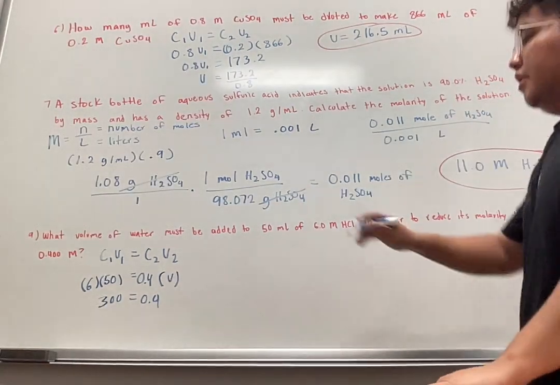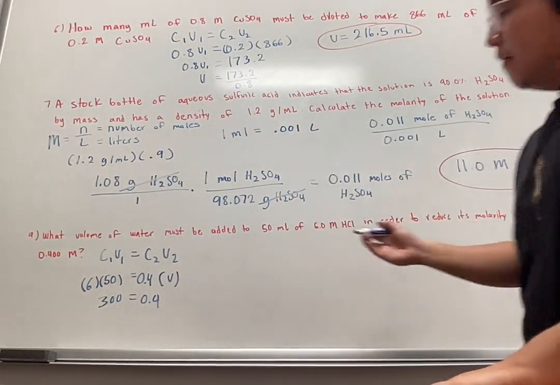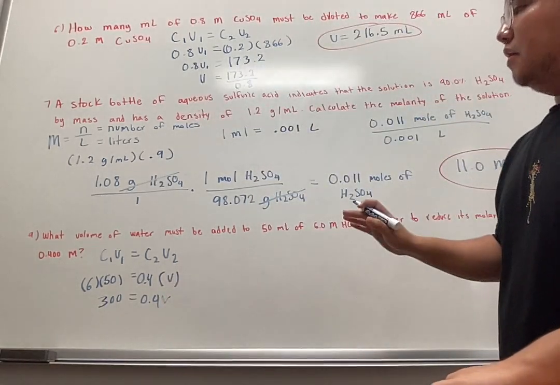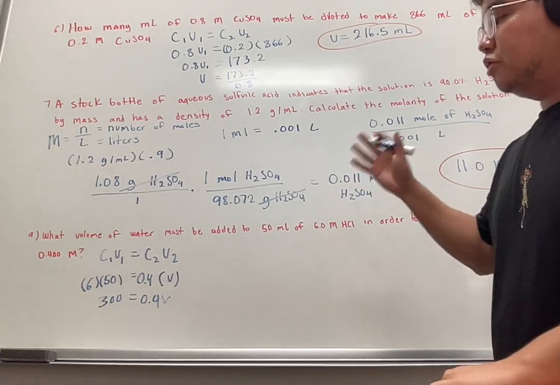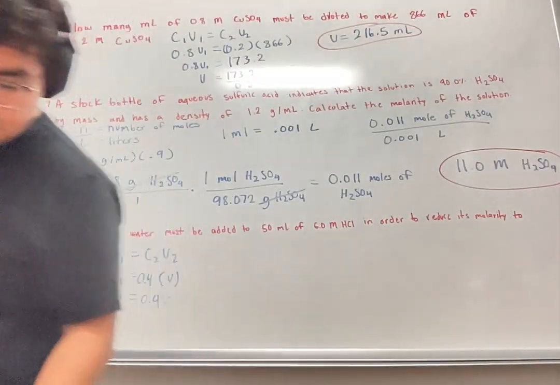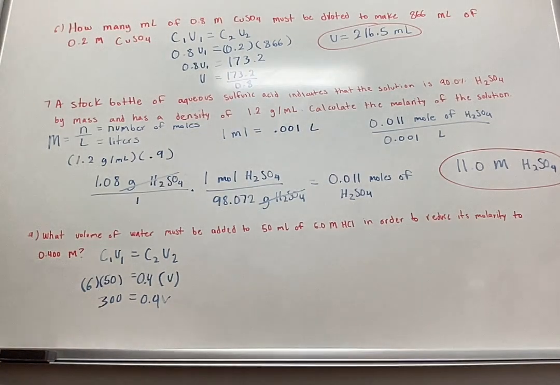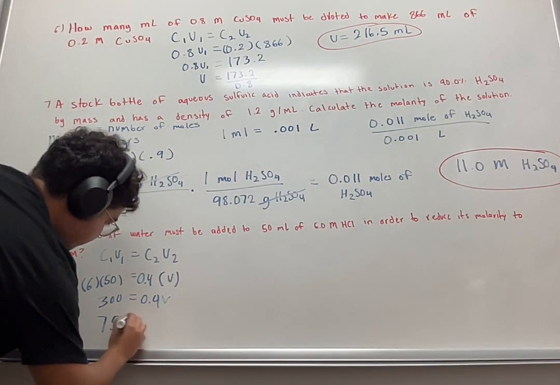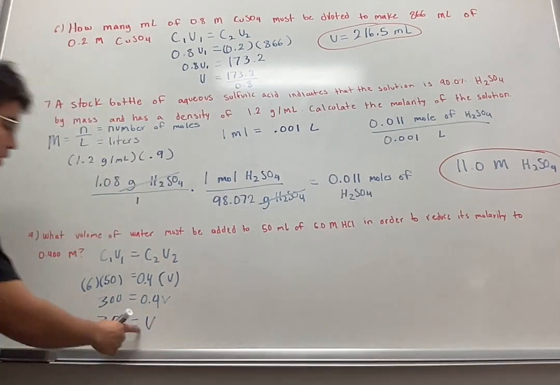Then divide 300 by 0.4. That's going to give us 750. Let me just make sure: 300 divided by 0.4, 750. That's right.